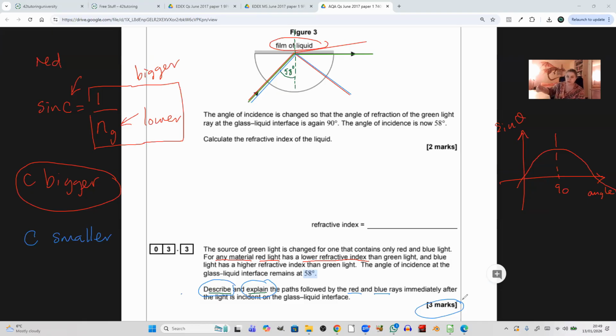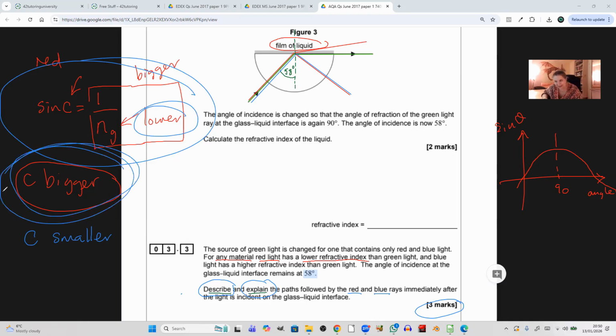No blue light will refract out of the semicircular block. Now I've described what happens, and then I can explain what happens. And explaining includes a key fact. There's a key fact, and there's a consequence of my key fact.